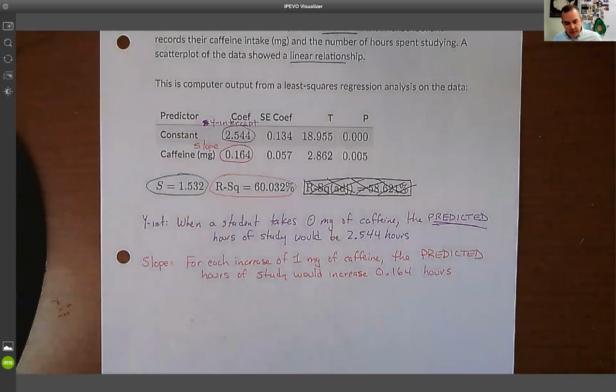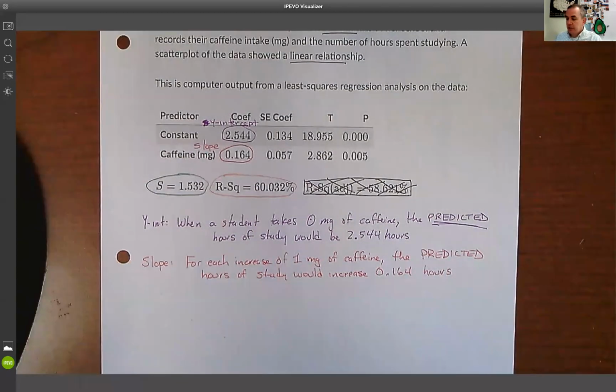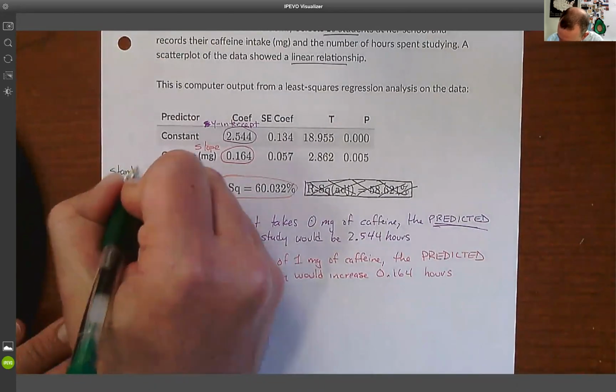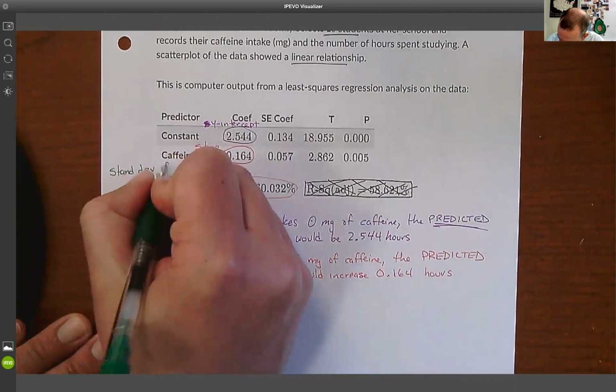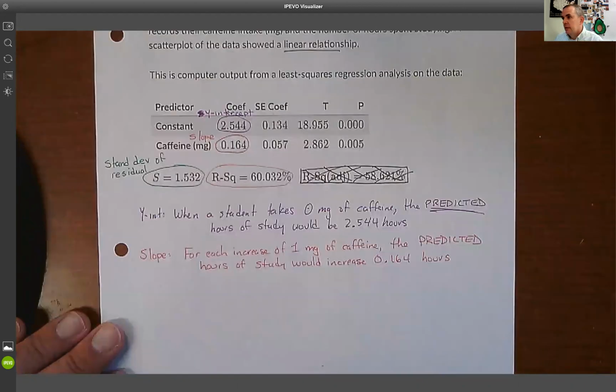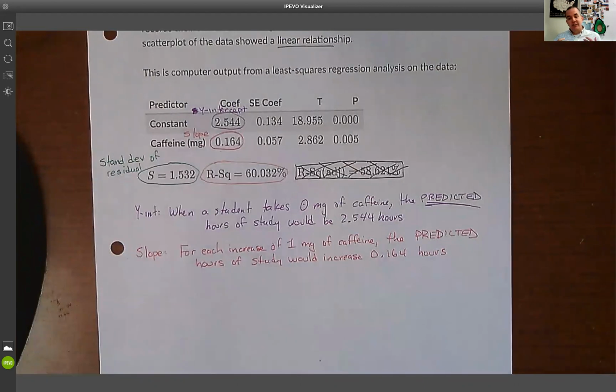The next thing that we talked about before was this one. This guy is called the standard deviation. So this is our standard deviation of the residual. What that's basically saying is that when we make these predictions, on average, how far off are they?